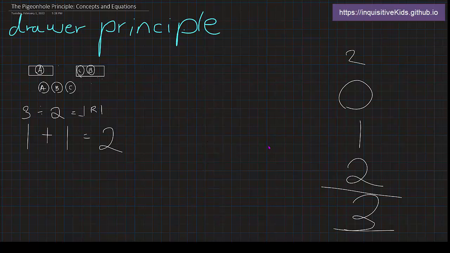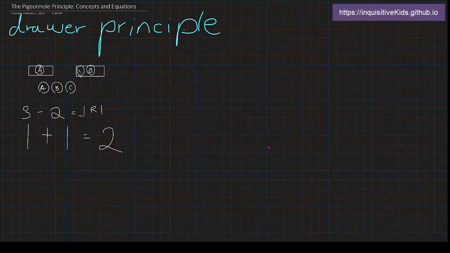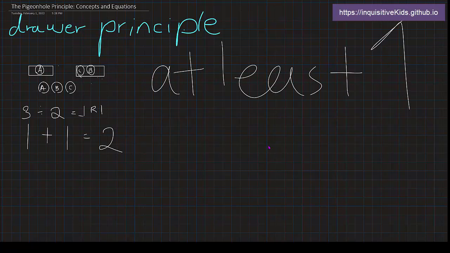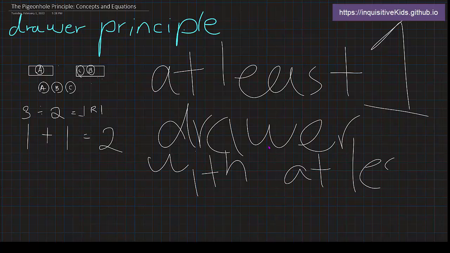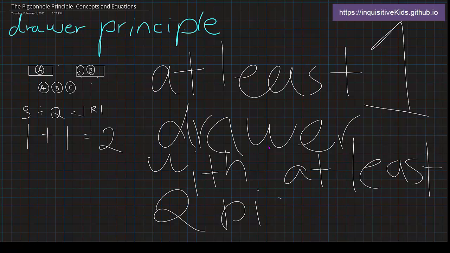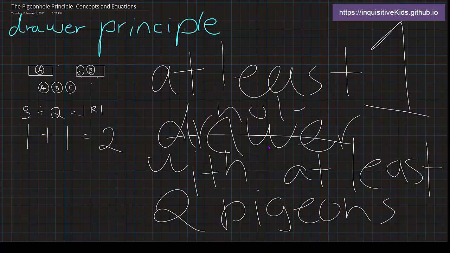So what this is saying is that there is at least one drawer with at least 2 pigeons. Sorry, if I used the word drawer, it was supposed to be hole.